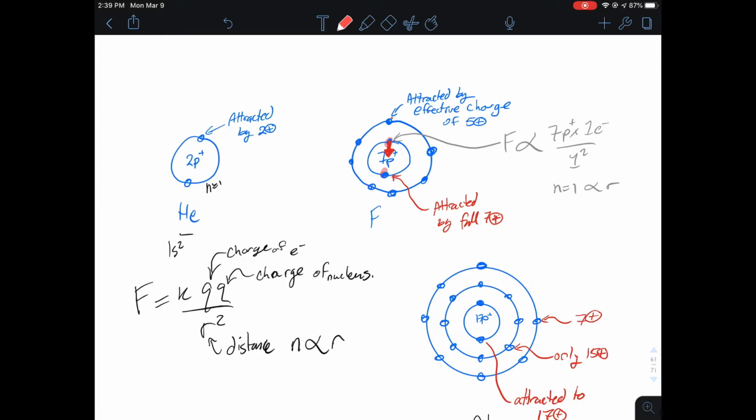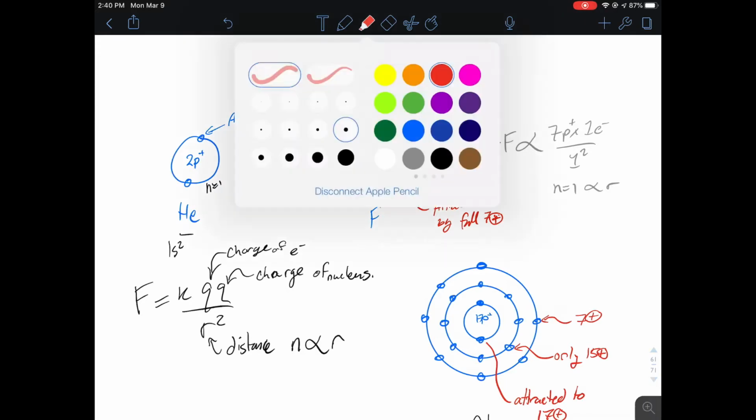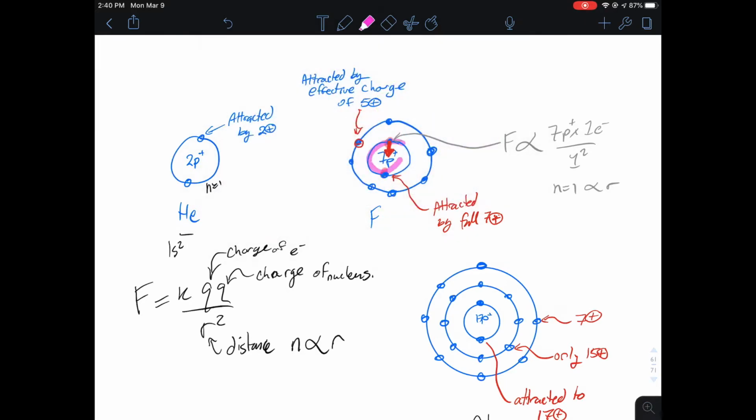Now, if we switch out and we start talking about this electron here, I'm not sure if I want to talk about this one because it's going to get in the way. So actually, let's just move over a little bit. So what am I talking about with this little arrow that I wrote? Attracted by. If we think about this electron, it just sees a big old gas cloud here.